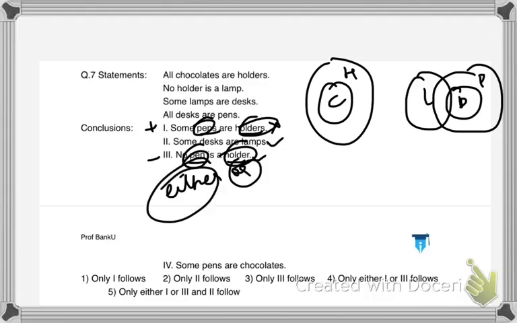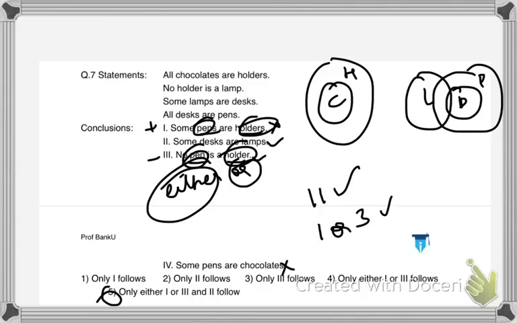Just keep in mind that this can be an either or answer. Now we come to the fourth conclusion, some pens are chocolates. This is false. So what will your answer become? 2 is always true, and 1 or 3 is also true.